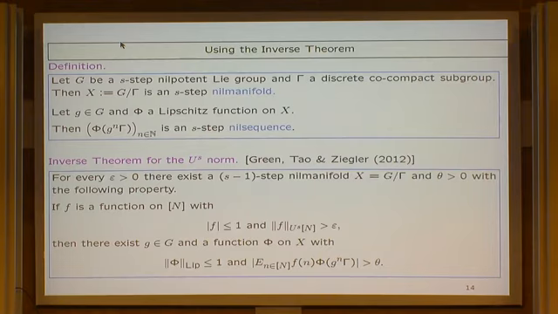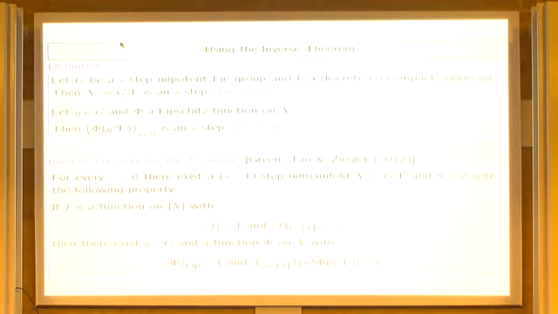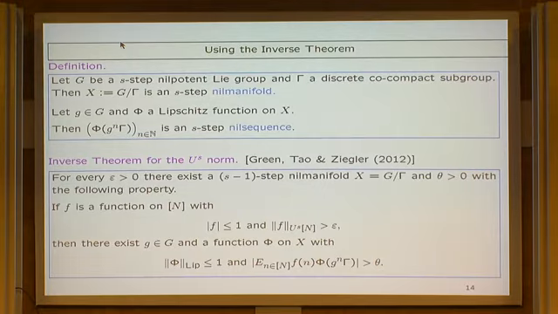And so there is a very difficult theorem of Green, Tao and Ziegler, which interprets the Gowers norms in terms of nil sequences like that. A nil sequence is a function phi evaluated along an orbit.